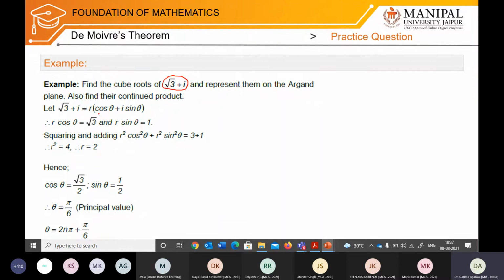So root 3 plus iota can be written as r cos theta plus iota sin theta in the polar form. The value of r cos theta is root 3, the value of r sin theta is 1, the value of r is 2, and then the value of theta.